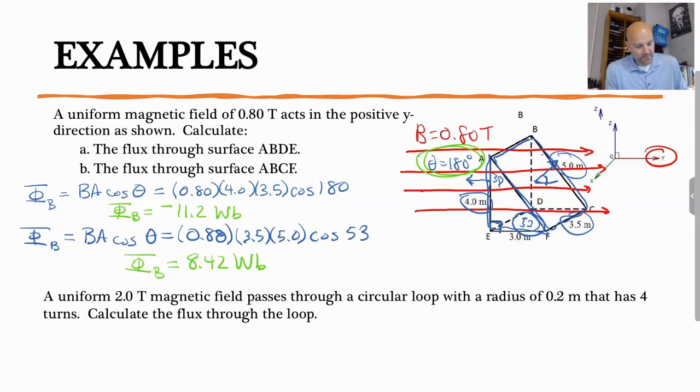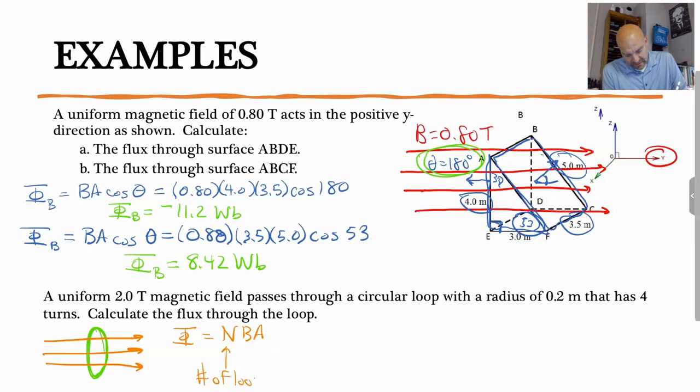Now here's the next one. We have a uniform 2.0 Tesla magnetic field passing through a circular loop with a radius of 0.2 meters that has 4 turns. We're going to calculate the flux through the loop. Here's my 4-turn loop, with a magnetic field passing through it. Imagine the magnetic field is passing through 4 separate loops. So my equation now will include this N value, which is the number of loops.